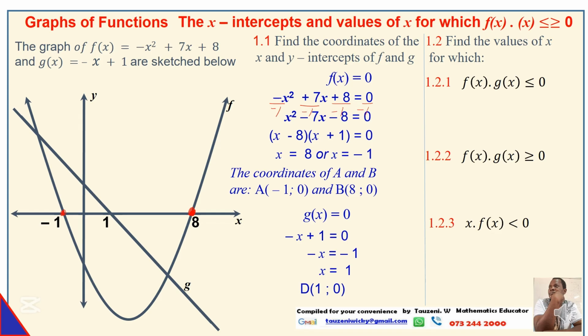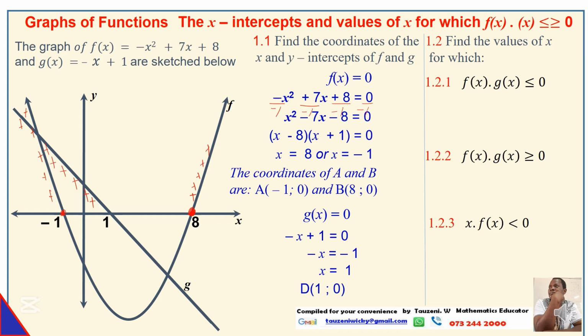Now, the understanding that we need is that when a graph crosses the x-axis going upwards, the function there is positive. So this whole part here, f of x is positive, both for the straight line and for the parabola. The graph is positive all the way. Then this side, the parabola is also positive all the way.